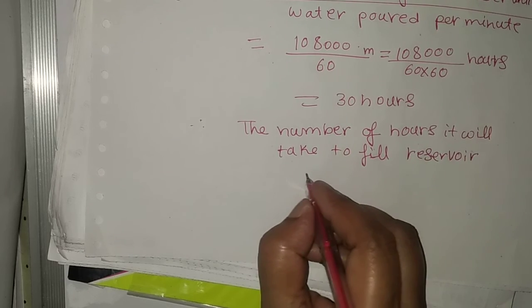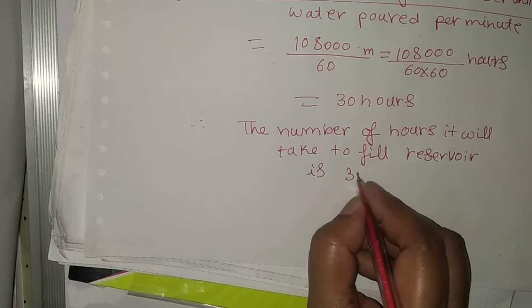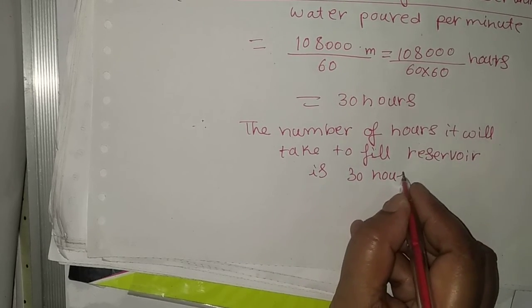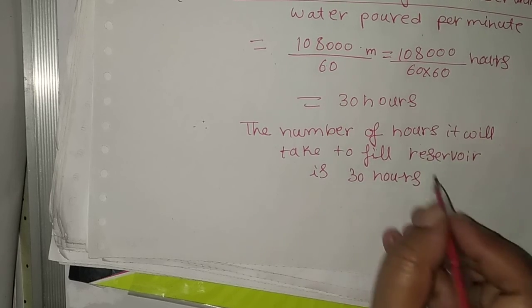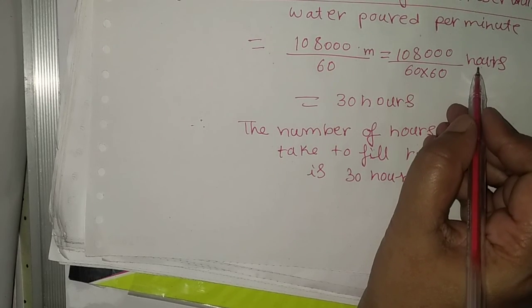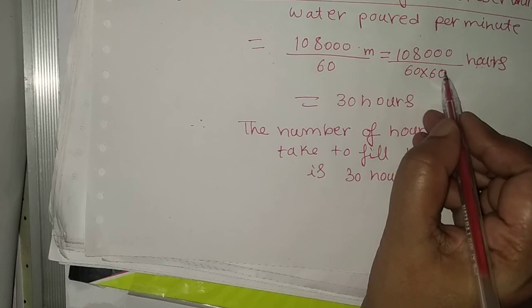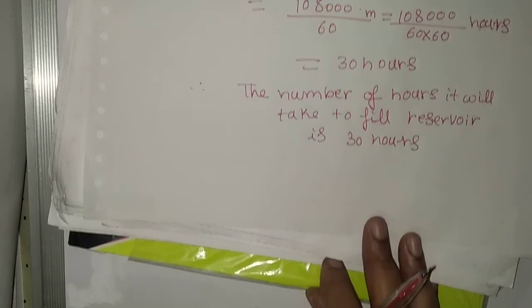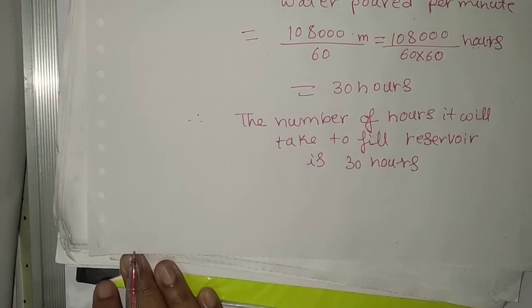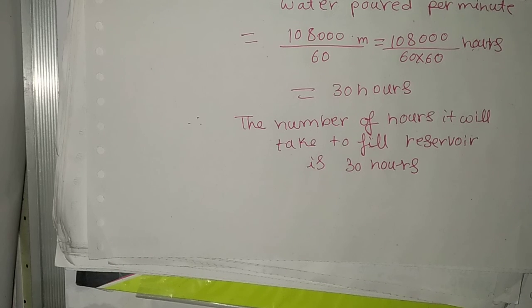That is 30 hours. So this is in minute form. To convert it to hours, we again divide it by 60. Therefore finally we are getting the answer as 30 hours. So this is the solution for the 8th problem.